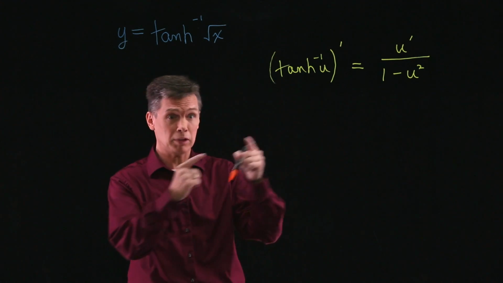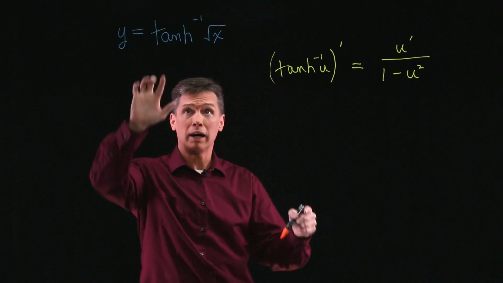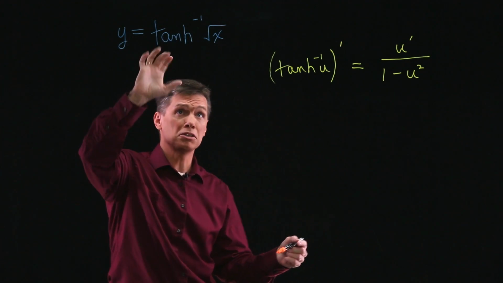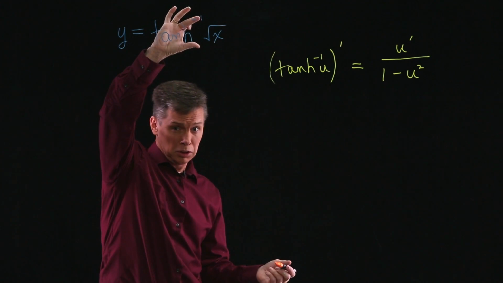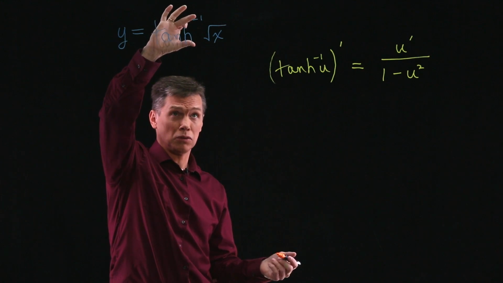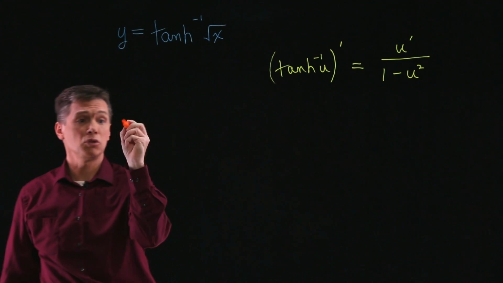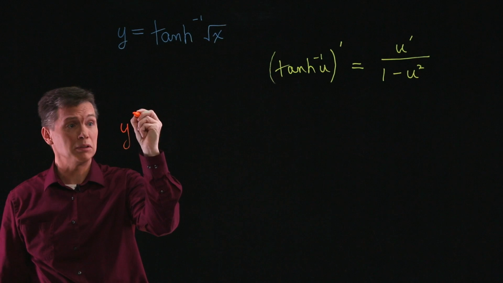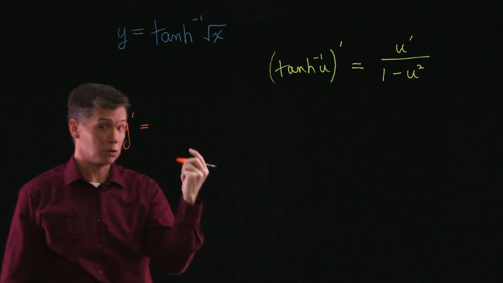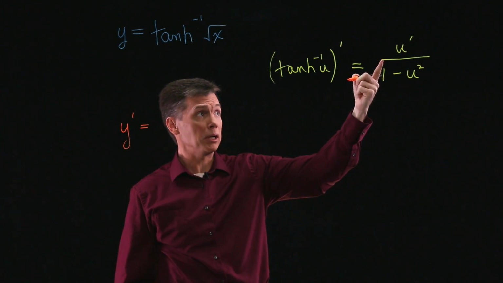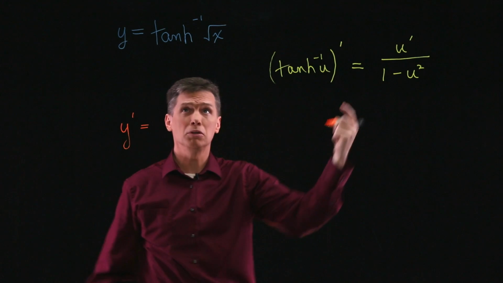Let's get to the problem and use the formula now, where I have the inverse hyperbolic tangent and my u is just that square root of x. So x to the 1/2. So I can immediately jump right into my derivative, follow the formula, where in the numerator I just need to prime the u.